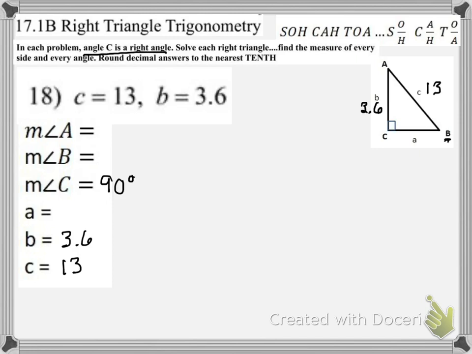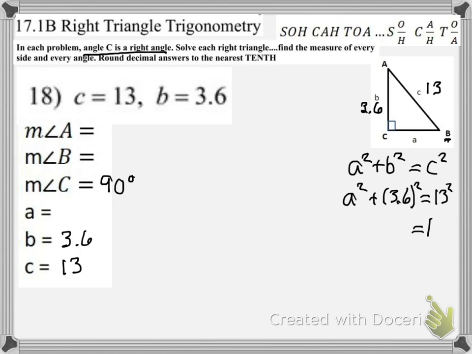I have two angles to find and I have two sides to find. When I see a right triangle with two known sides, I usually just go ahead and start with the Pythagorean theorem. So let's say a squared plus b squared equals c squared. I don't know my a, but I do know that b is 3.6, and c is 13.